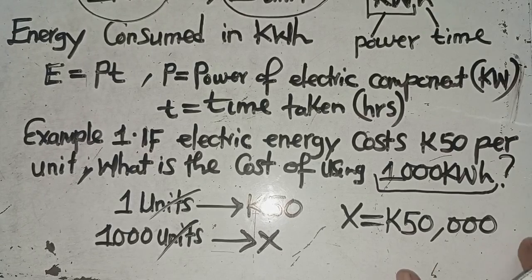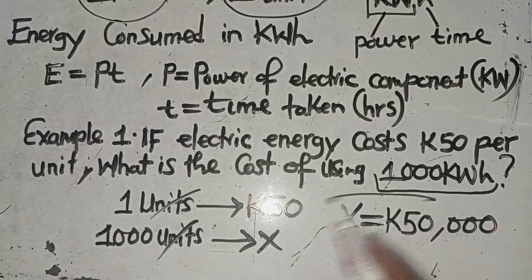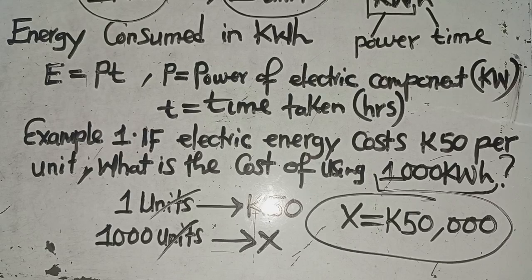That is the answer that you are going to get. I guess you've seen how I've answered this particular question. This is something so simple that you need to make sure you understand. Let's say you are given another question.